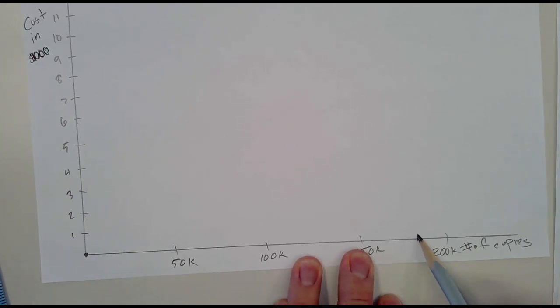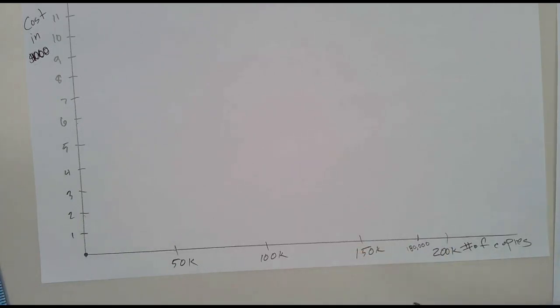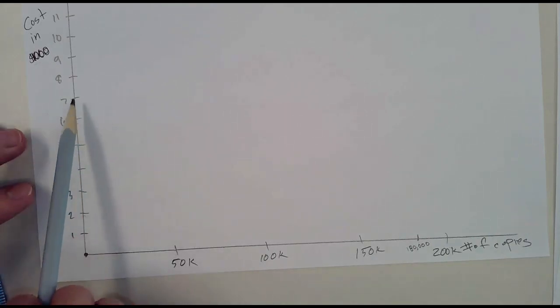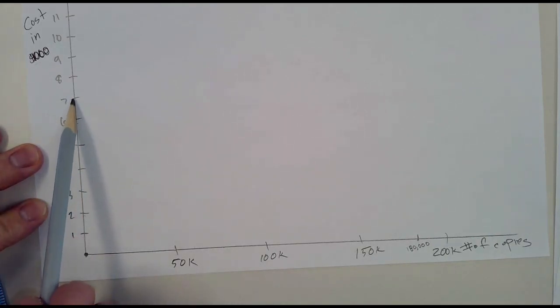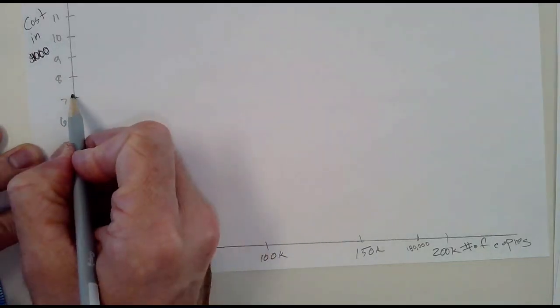If I want to just label that right there, that's an important number that we keep using. We spent $7,200 on that amount of copies back in 2021. So $7,200 is right about here.